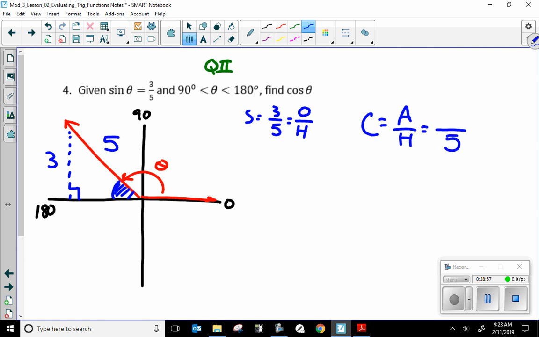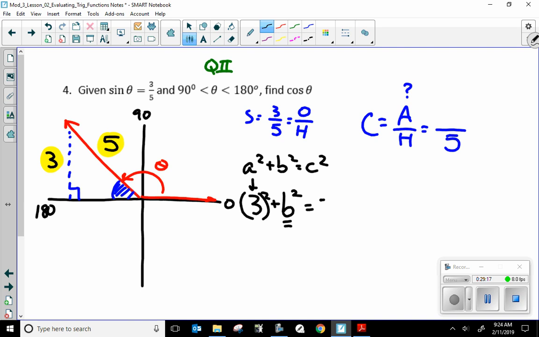My hypotenuse is 5, but I don't know what my adjacent is. What do you think I'm going to do if I know 2 sides of a right triangle and I need the 3rd side? You guessed it. Back to our Pythagorean theorem.